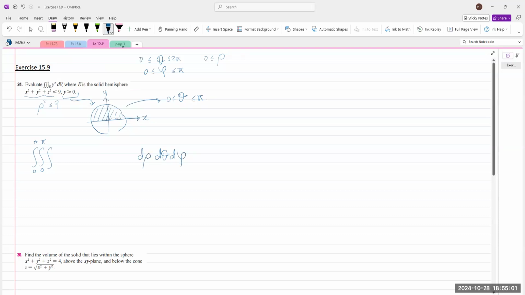The rho will be from 0 to 3, okay, and rho squared sine phi, right? Okay, now then the y squared becomes, is it rho squared or just rho? Let me check again.